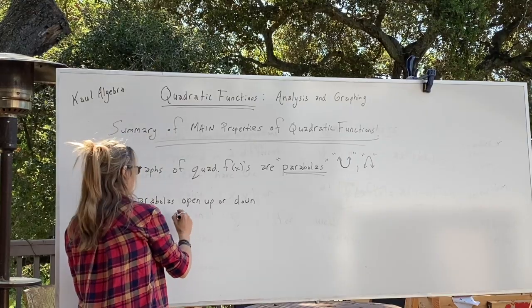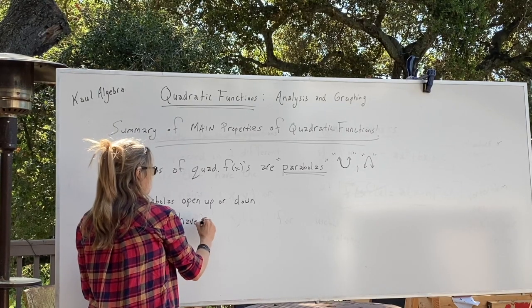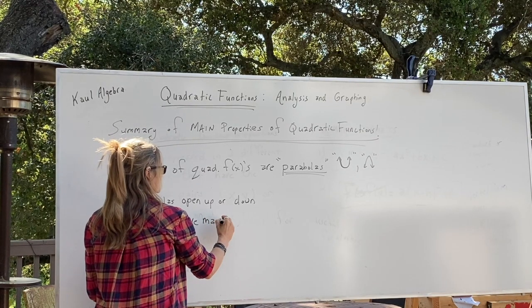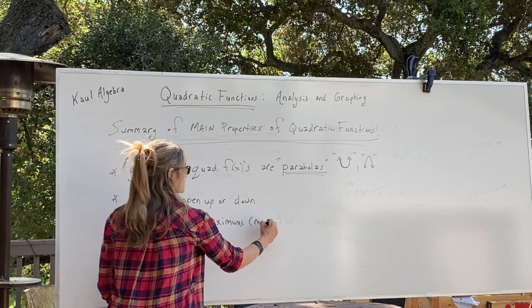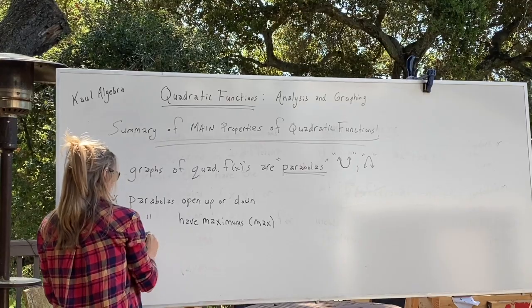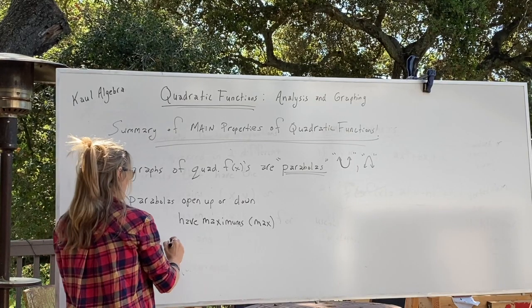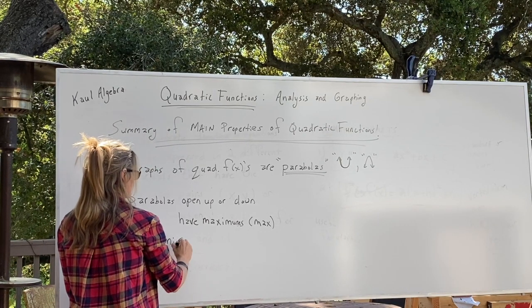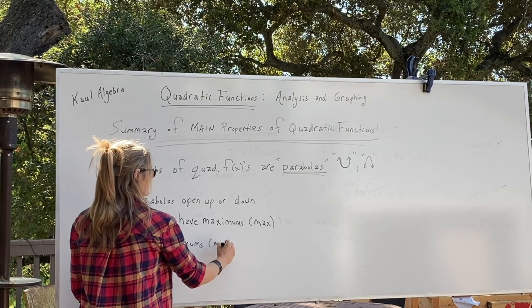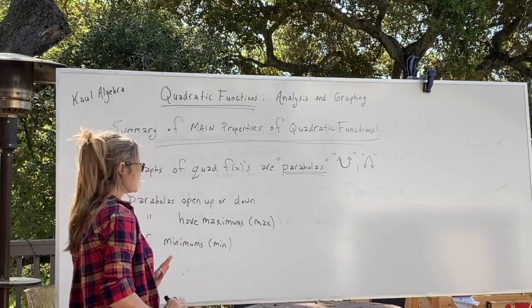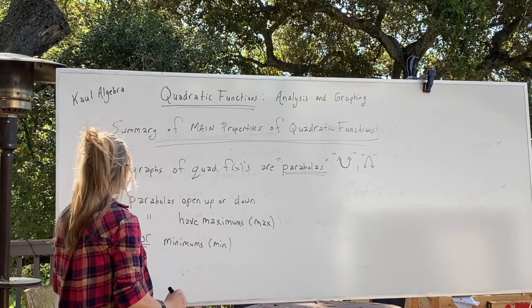So parabolas have maximums, which I'm going to call max for short, or you could only have one or the other, or minimums. Okay, so that's the maximum height it reaches.